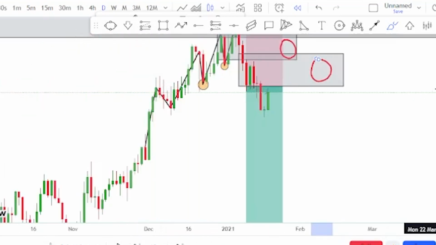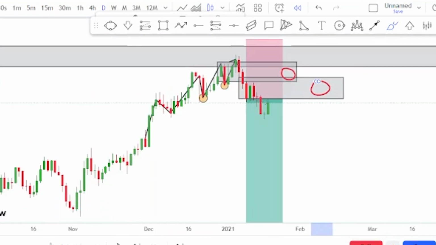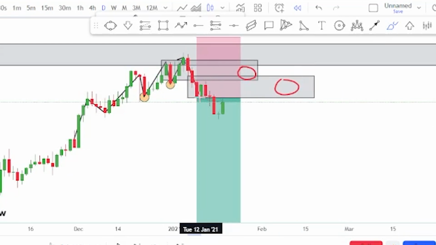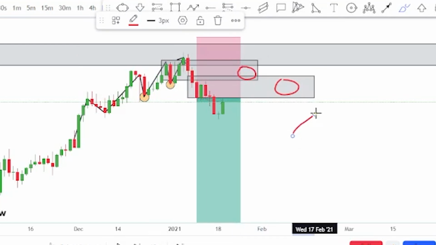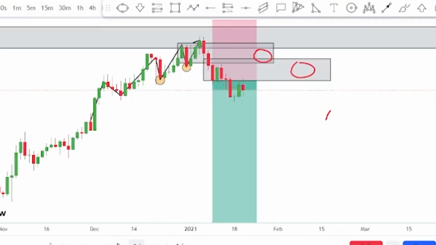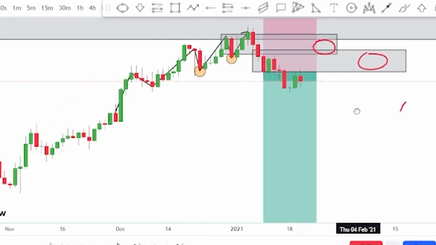Let's see if we can get an entry with a bearish candlestick, because this is a lower high, lower low, lower high to go for the lower low. Let's see if we can get a bearish candlestick so that we can enter from that area. Remember, we have to be consistent and follow the trend. Okay, so now we got this candlestick, which is a bearish harami.